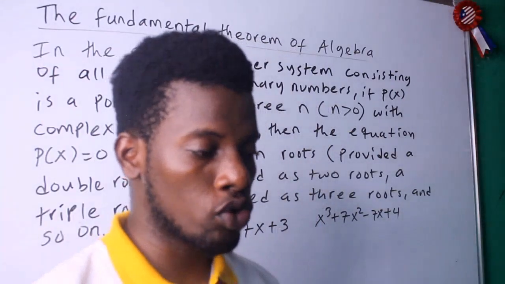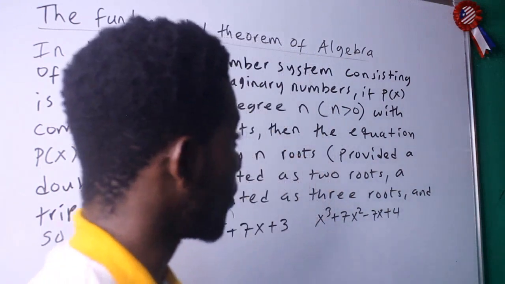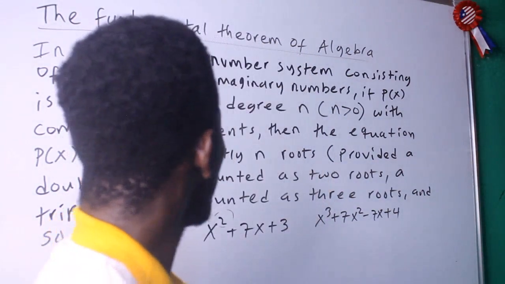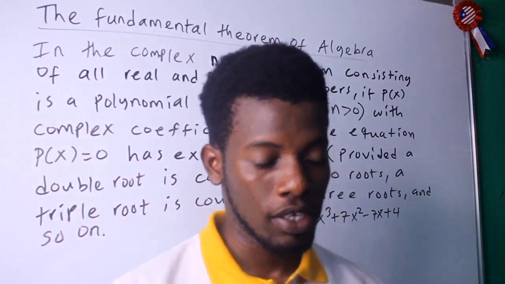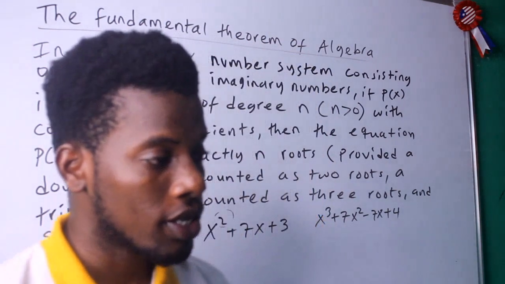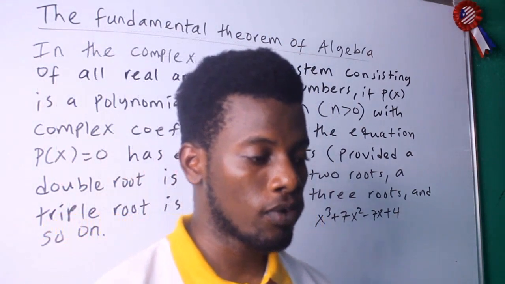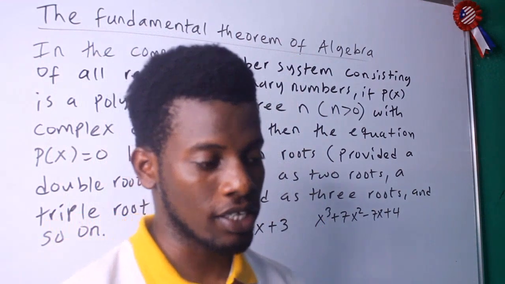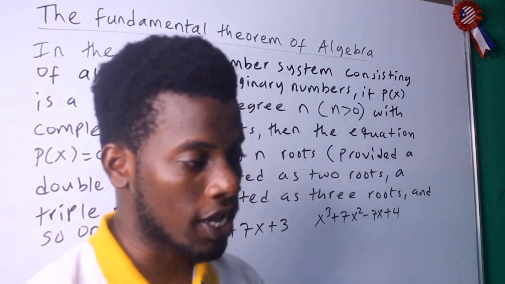That's a very good question. But I'm sorry to say, we are not going to prove the fundamental theorem of algebra in this class. The reason is because the proof is too rigorous for this class. In fact, it is beyond the scope of this class.